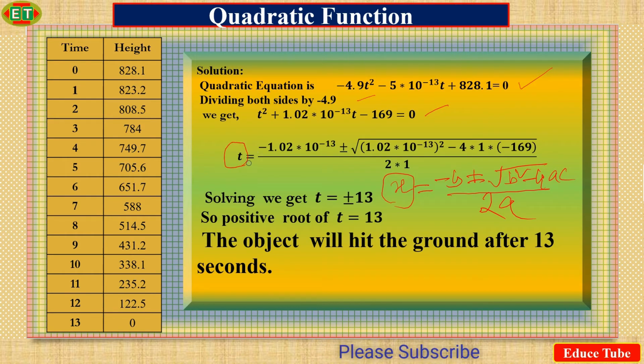Same way, this is t, it is a root of this equation. How will we find it? Same way, we will substitute these coefficients into minus b plus minus square root of b square minus 4ac divided by 2a. Solving, we get t equal to plus minus 13. So the positive root of t will be 13. So right away we can say the object will hit the ground after 13 seconds.